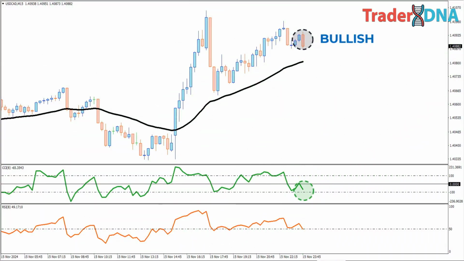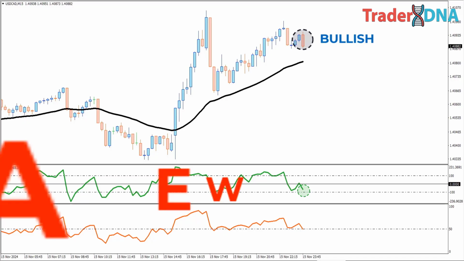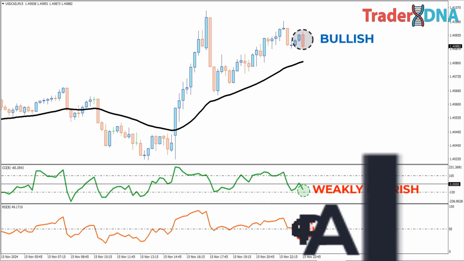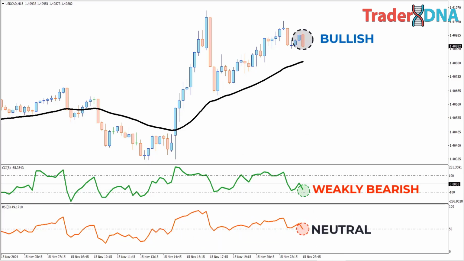First, the CCI line is pointing downward and is below the 0 level, but has not yet dropped below the -100 level. This suggests that, based on the CCI analysis, the market is in a bearish condition, though it is not confirmed as a strong bearish trend. Then we observe the RSI line, which is also pointing downward but remains at the 50 level, indicating a neutral condition rather than a clear bullish or bearish trend.